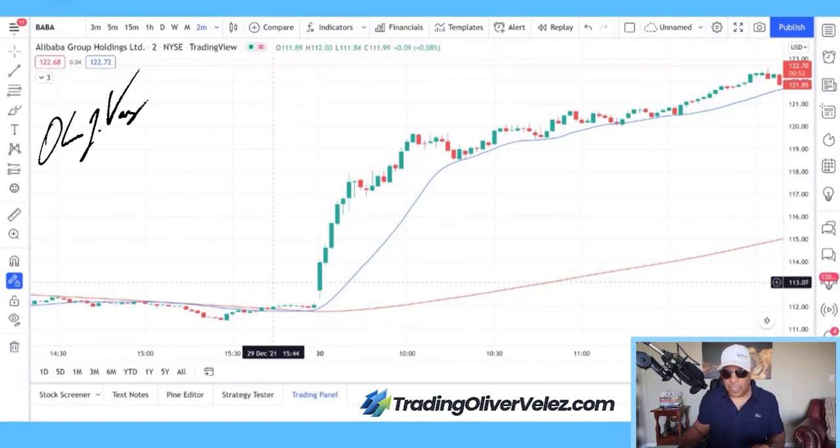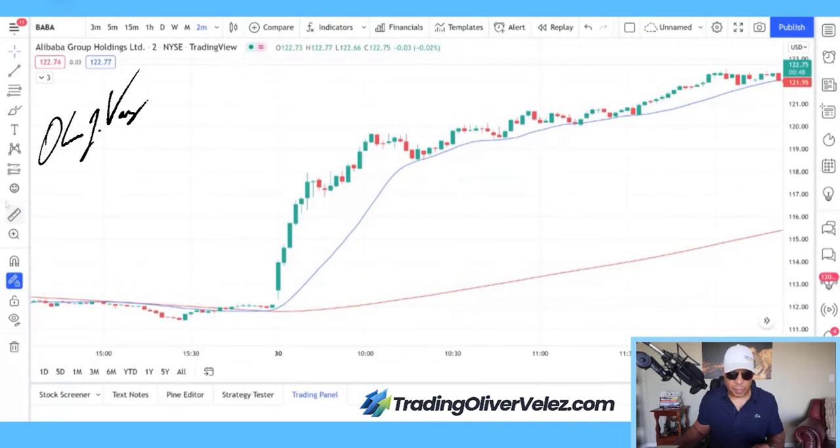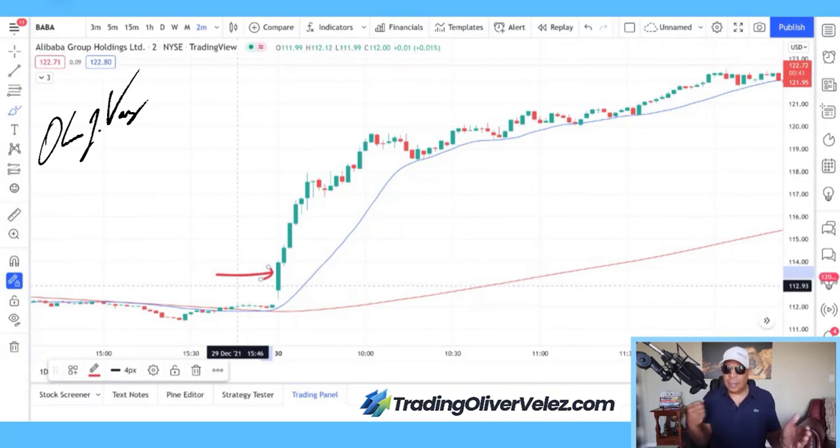Now, this is an elephant that is big enough, right, to buy right into the bar. So I want you guys piling into Baba before this 2-minute bar finishes. All right. And the general guideline is as long as you're entering in the second minute, not the first minute, as long as you're entering in the second minute of that bar, you're okay.